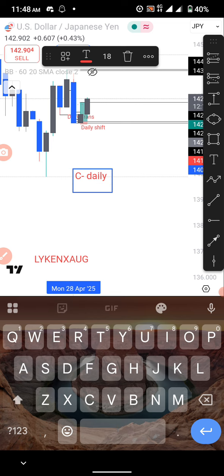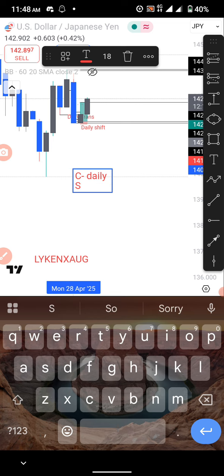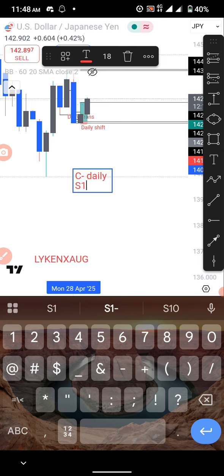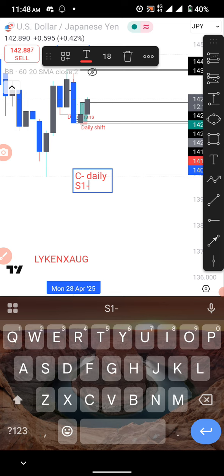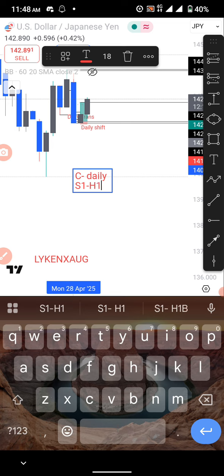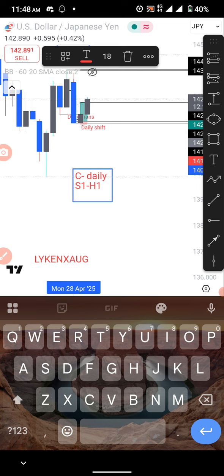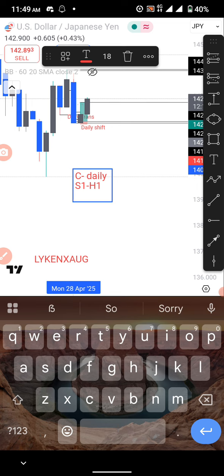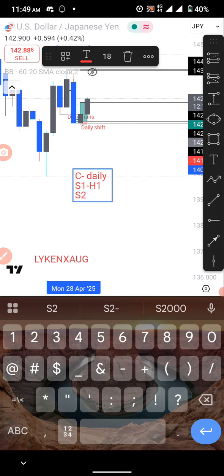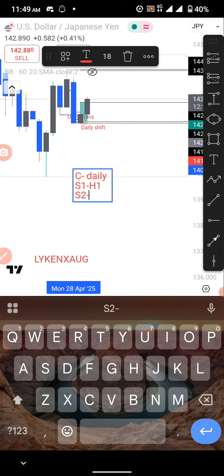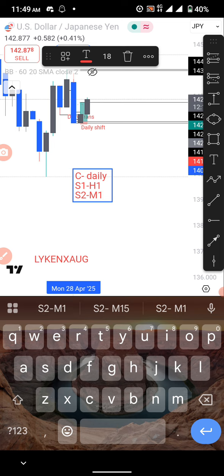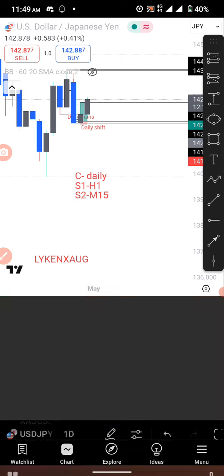After the daily time frame, we have the S1 time frame, the one you are supposed to use after shifting from the daily time frame, and that is the H1 time frame. And we also have S2, and the S2 time frame is M15.